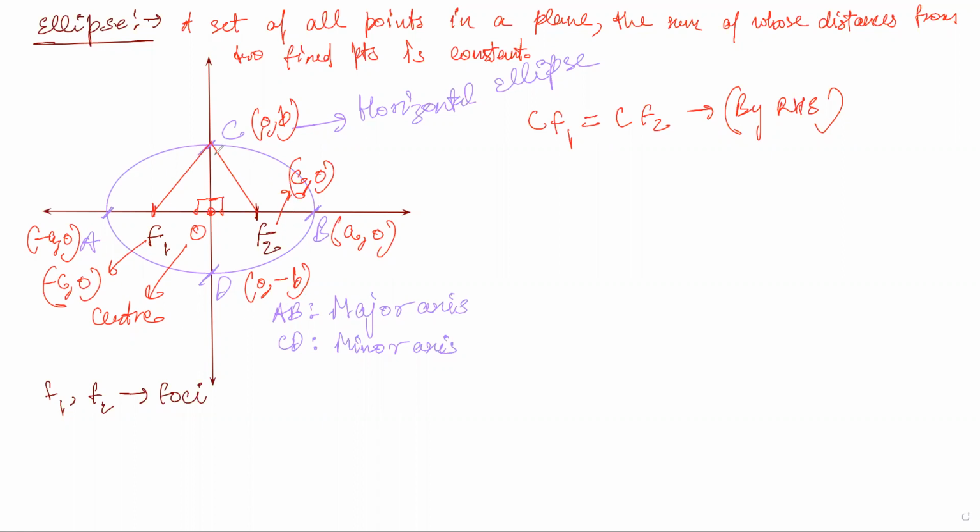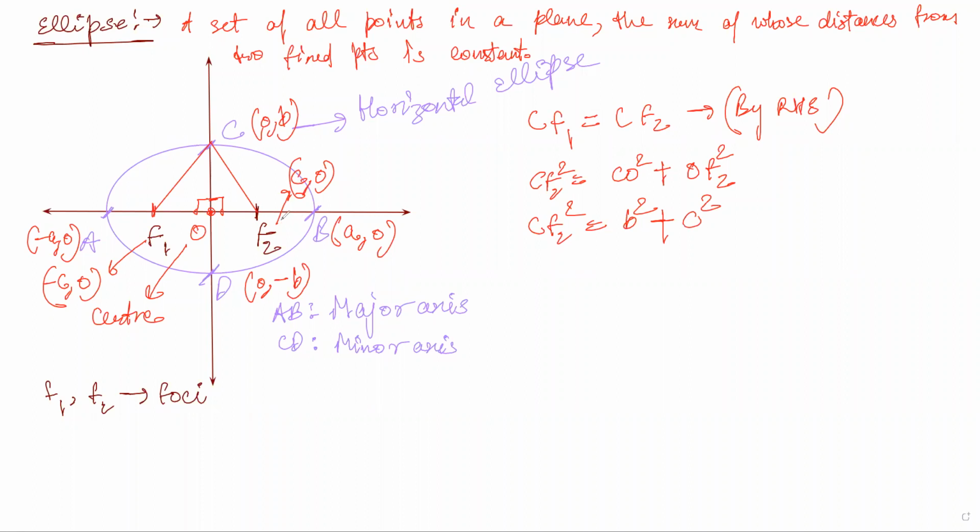So I can write this C. I can write CF2 first of all. CF2 square is equals to CO square plus OF2 square. Now CF2 square is equals to CO square. CO square is b square because the length of CO is b. b square plus OF2 square. This would be equal to c square because the coordinate of F2 is c comma 0.